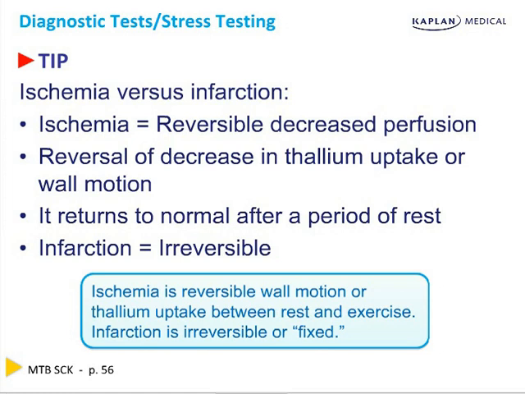There's no point in bypassing or angioplasting to normal tissue. What you are looking for with the stress test is the reversible changes. That is the number one thing you're looking for. That's the part you can fix because it's ischemic with exercise and normal at rest. That's the number one thing you look for, reversible changes.